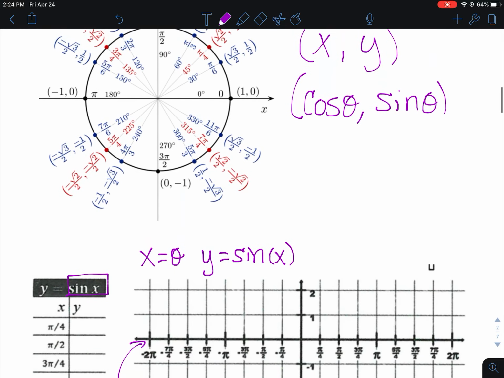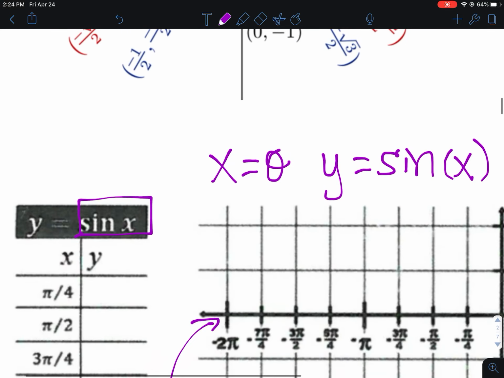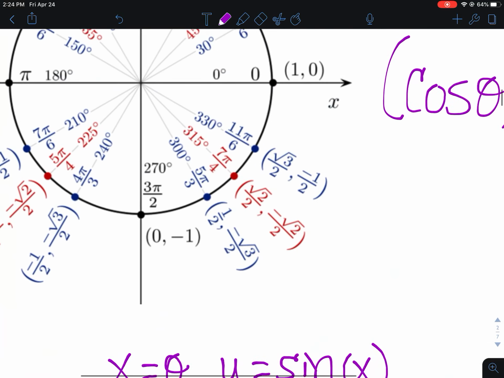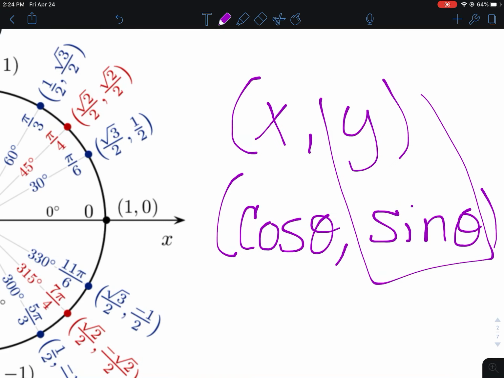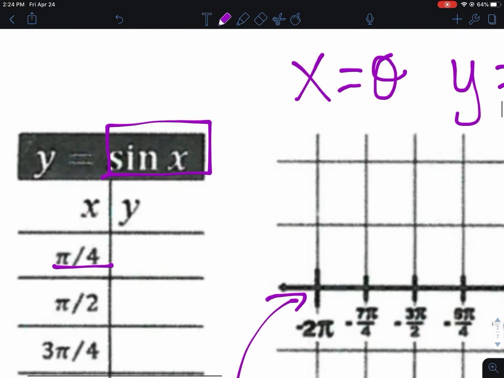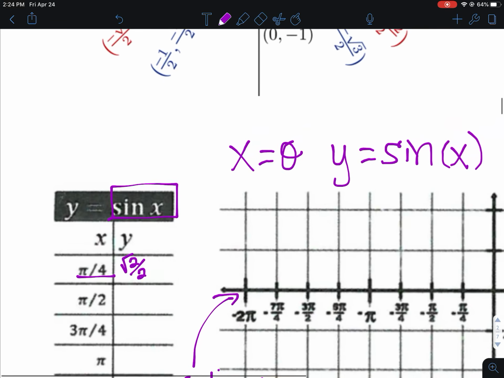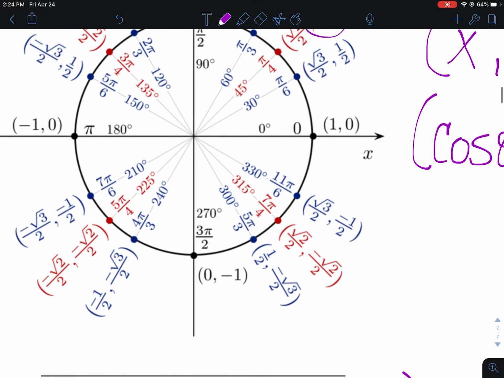So let's start. We're going to go first to pi over 4. So I'm going to go to pi over 4 on my unit circle. The y value, which is the sine, is the square root of 2 over 2. So I'm going to pull that in there first. All right. Then the next radian is pi over 2.